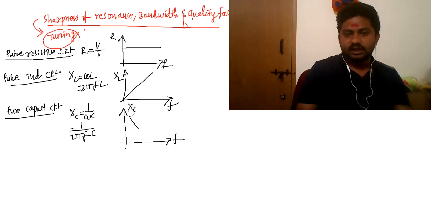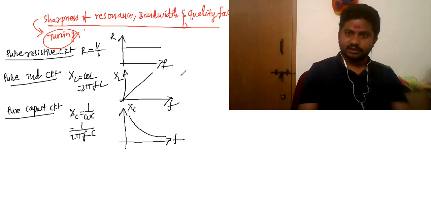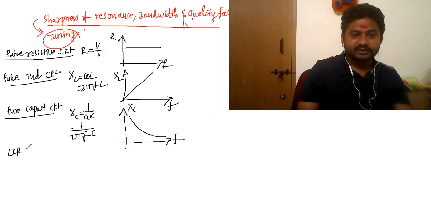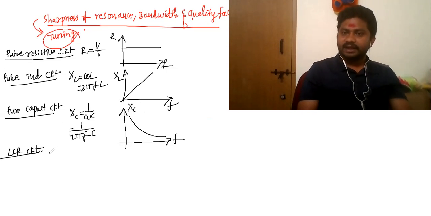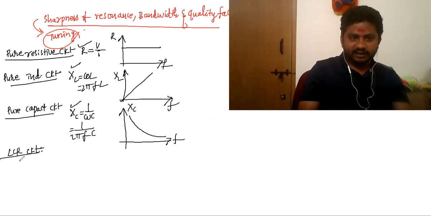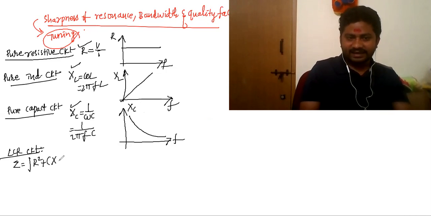This is the inversely proportional relationship. Now in LCR circuit, what happens? This is interesting. In LCR circuit, the resistance is Z, right? Z is equal to square root of R square plus XL minus XC whole square.